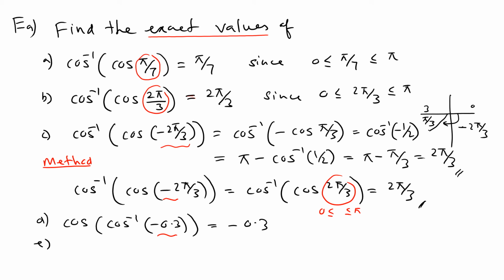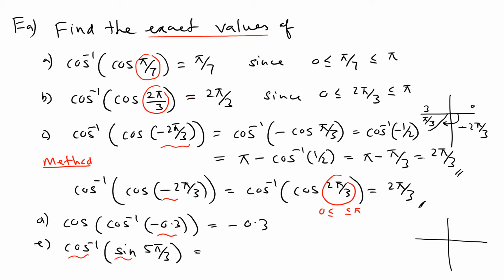And then E, we have cosine inverse sine 5 pi over 3. This problem is slightly different from the previous one. Since we have two different functions, what we normally do is evaluate the inside function. So let's see where this angle is.